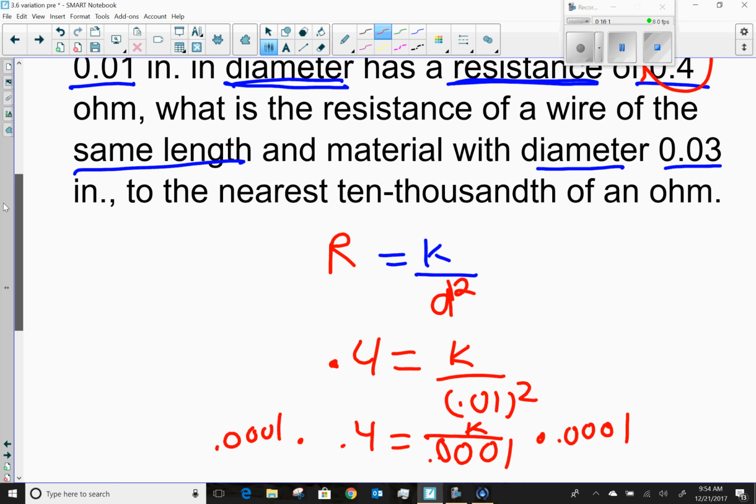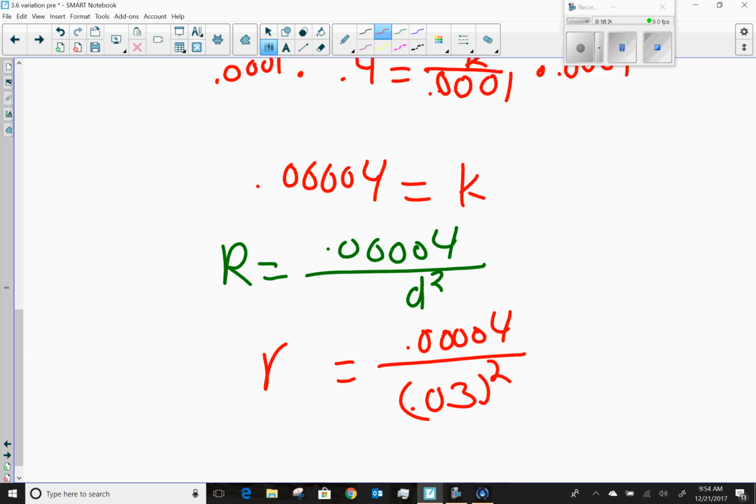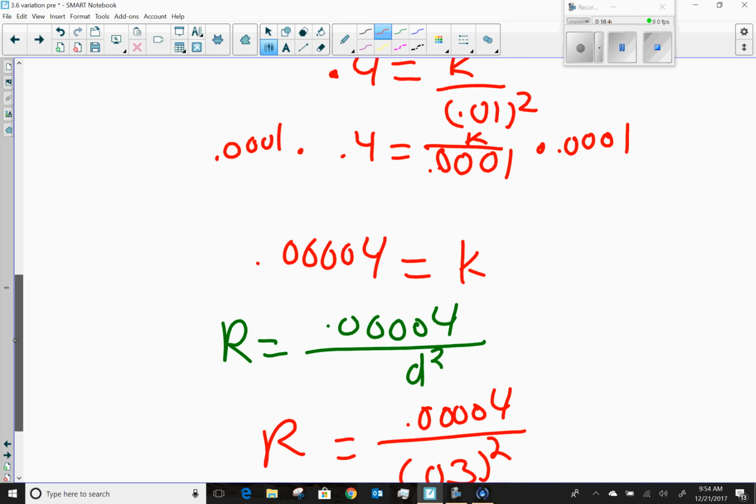So 0.03 squared, and we're going to divide 0.00004 by that, and that's going to be our resistance. That gives us a resistance of 0.04.